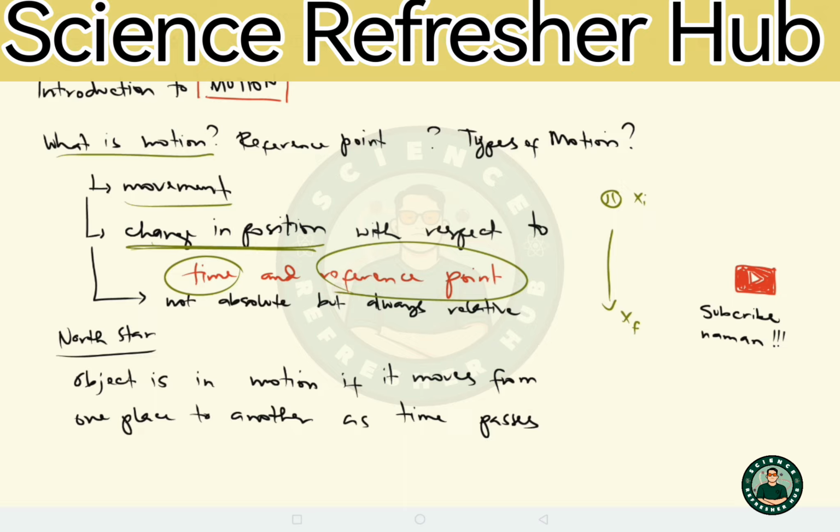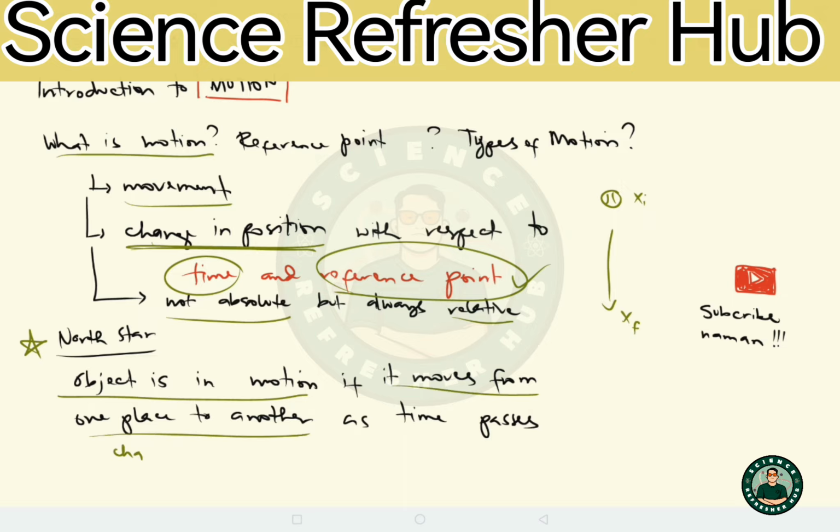And always remember, motion is not absolute, but it is always relative. So relative means we don't have the same perceptions towards motion unless we use this reference point to describe the motion. And our North Star, our guiding principle for this first slide of my presentation: an object is in motion if it moves from one place to another.